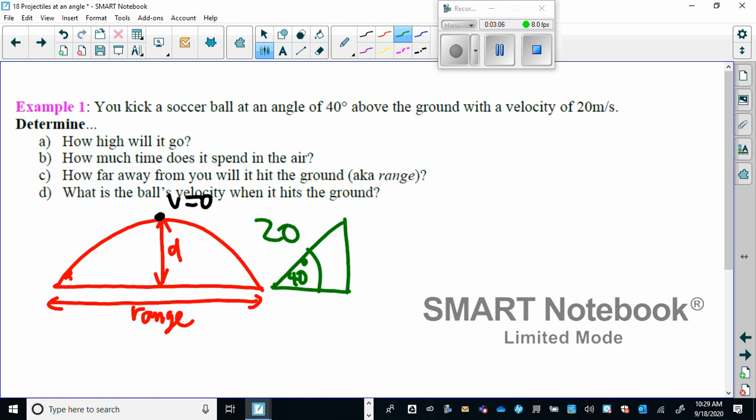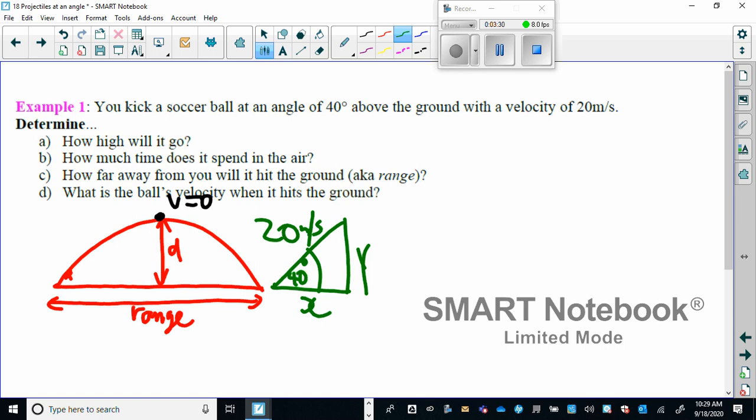So there's our 20, and that is a velocity. And lo and behold, as we love to do, we can separate it into x and y components. The x component represents the horizontal velocity in this case, and the y component represents the initial vertical velocity.